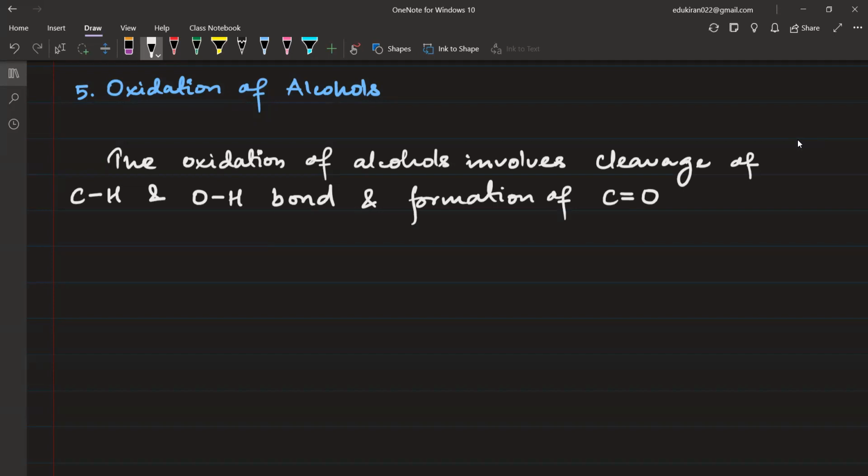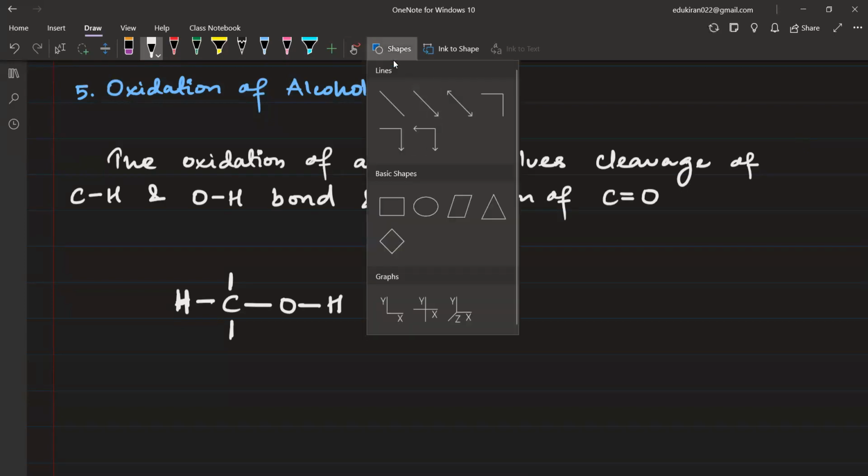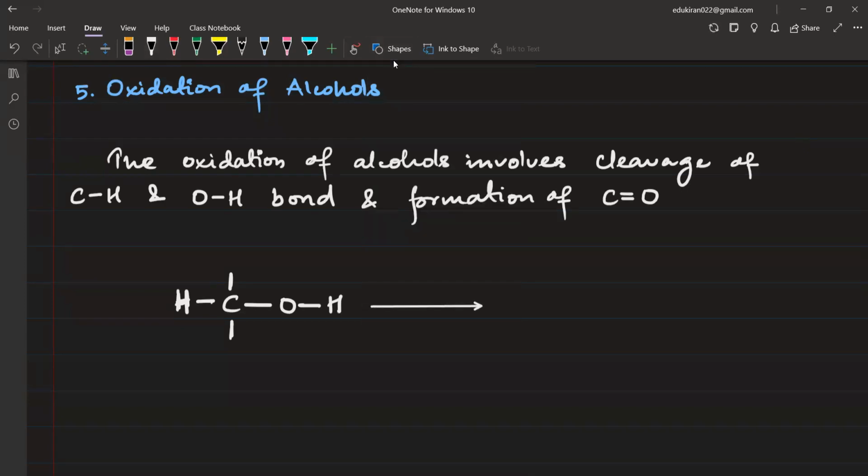Now please see, we have a carbon atom first of all. This carbon will be having 3 bonds. Now, one of the bonds should be with hydrogen, and then OH. So from here we have hydrogen, and here also we have hydrogen, right? So both the hydrogen is removed.